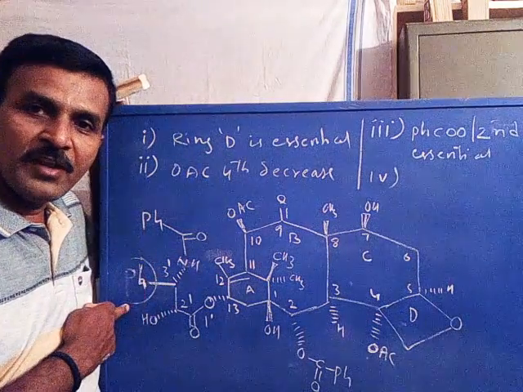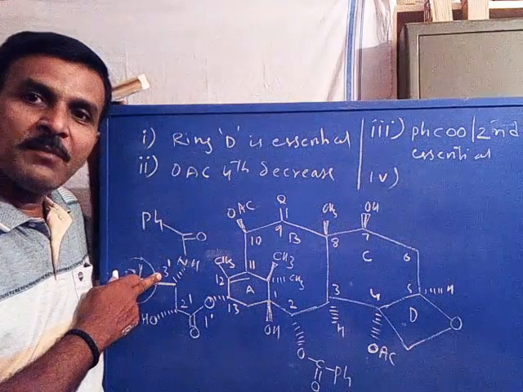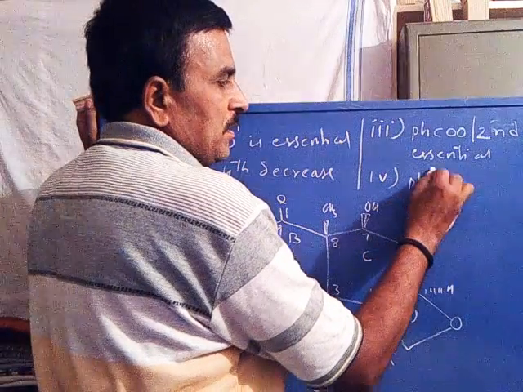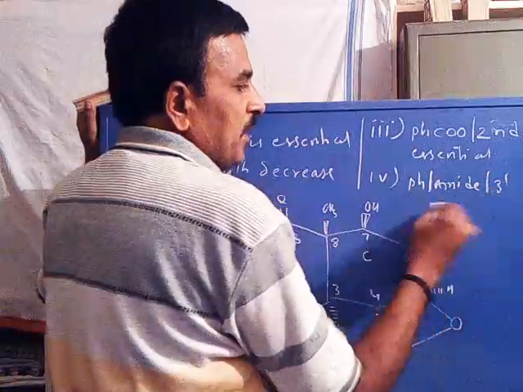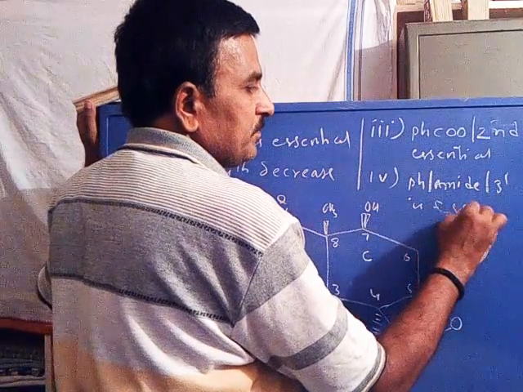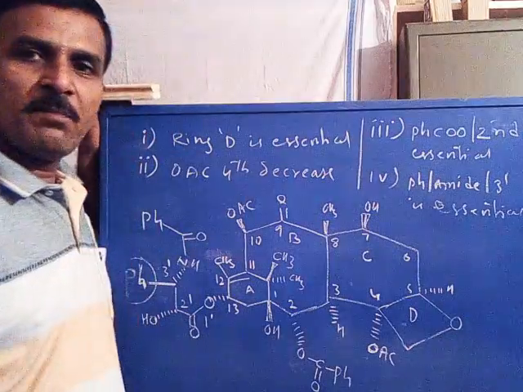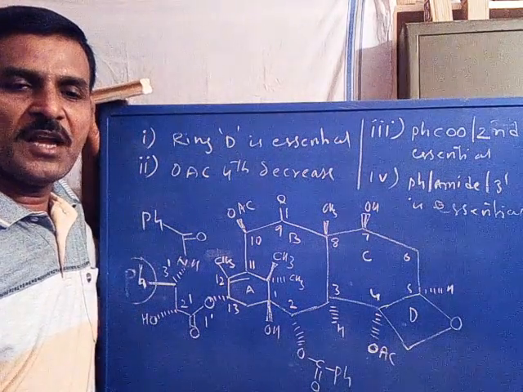Presence of one phenyl ring and the other amide group at 3' carbon is also essential. Ph and amide at 3' carbon is essential. The presence of these two groups is also essential.